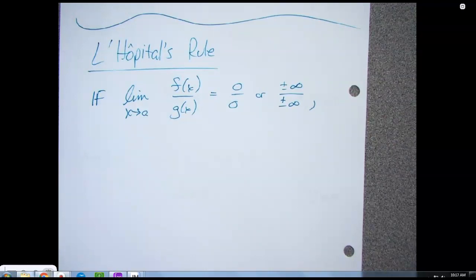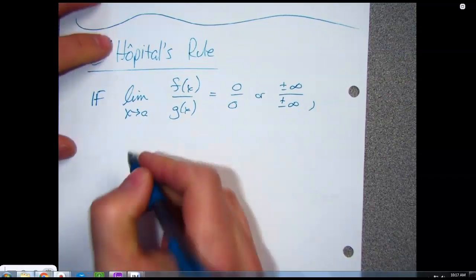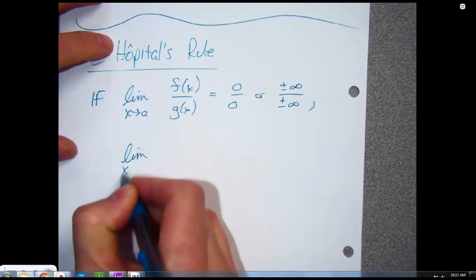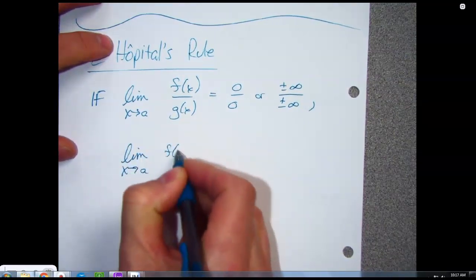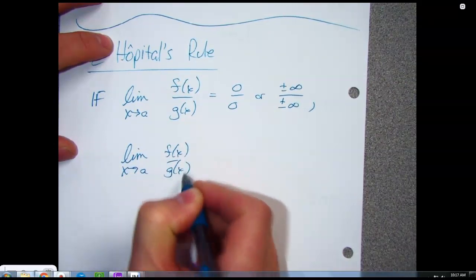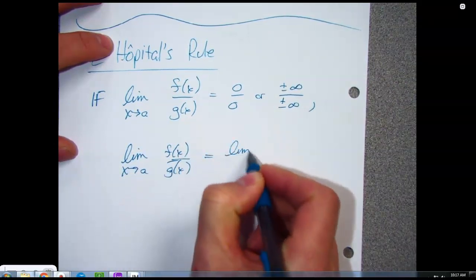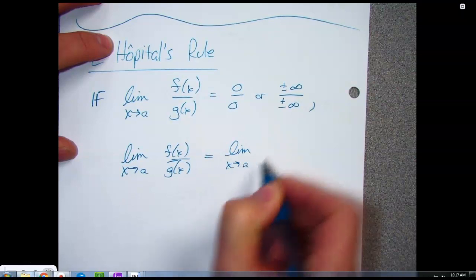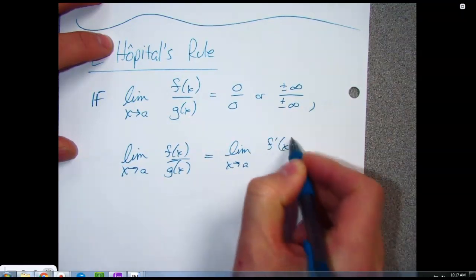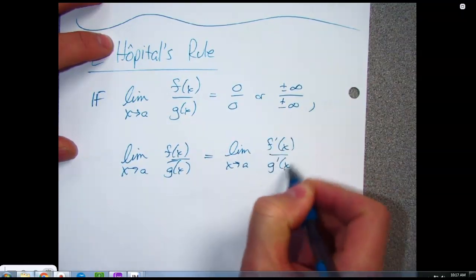So L'Hopital's rule says if that happens, then the limit as x approaches a of f of x over g of x is equal to the limit as x approaches a of f prime of x over g prime of x.